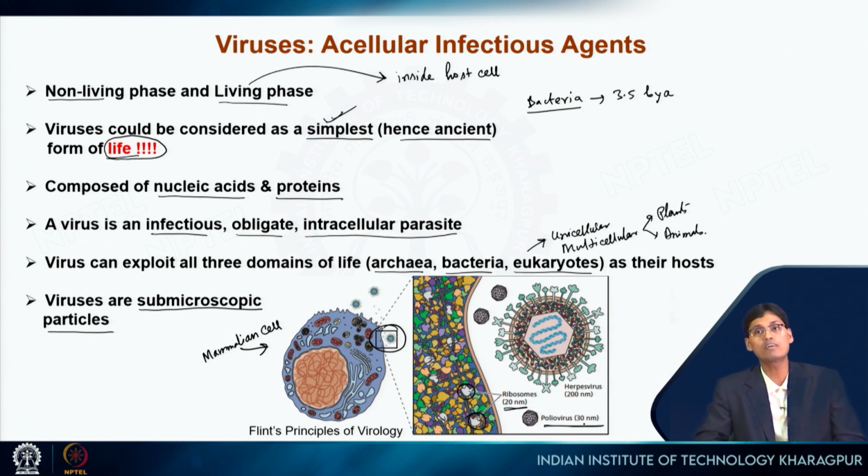So a virus particle is almost the dimension of a ribosome, and you can understand that inside one eukaryotic cell, one mammalian cell, thousands of ribosomes are present, and not just ribosomes. There are so many cell organelles and many other things. So what I'm trying to explain is that viruses are very small, but still see how dangerous they are. They are creating a lot of problems for human societies.